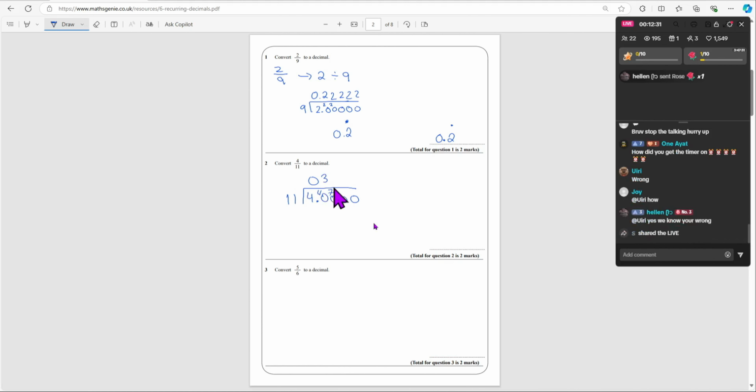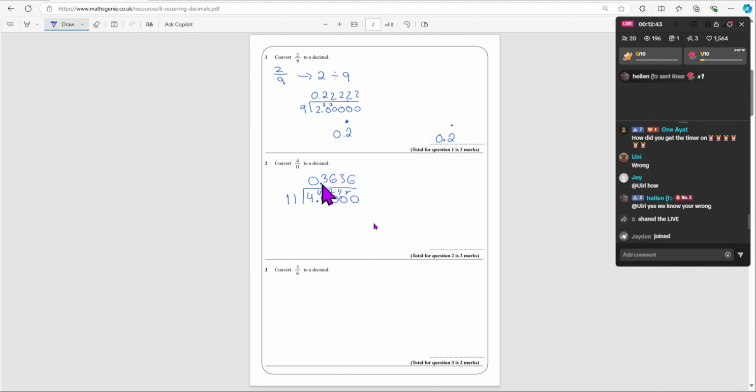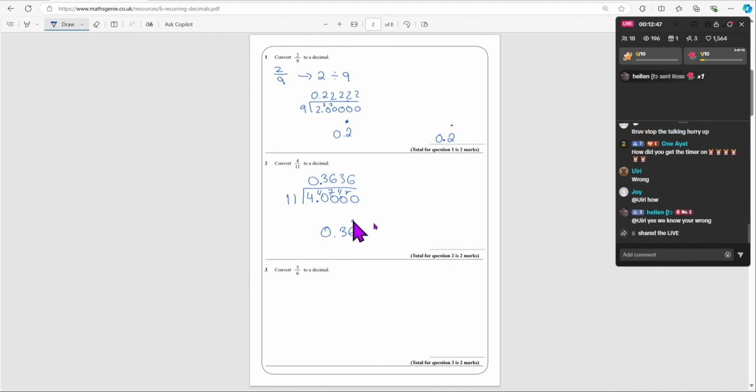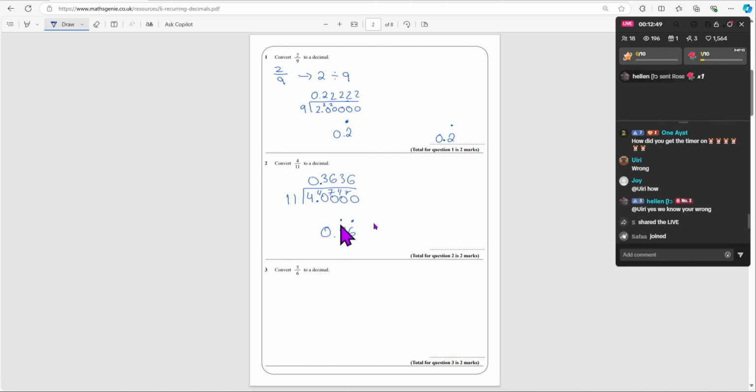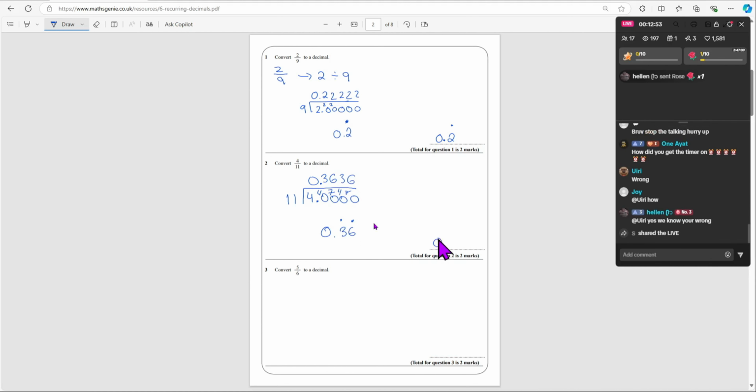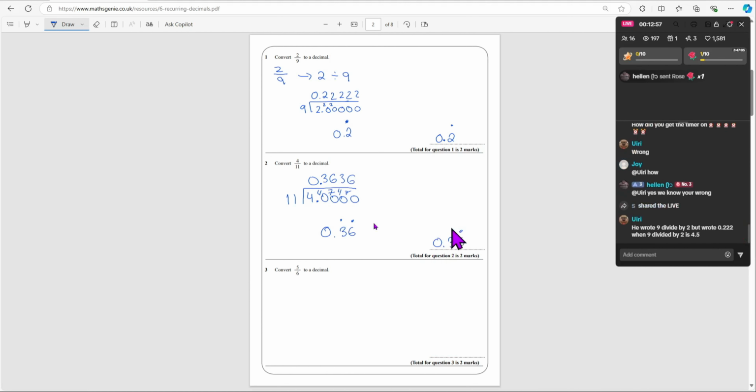And then 11 goes into 76 6 times, and then we know that remainder is going to be 4, so it's going to be 3 here, and then it keeps on continuing like that. So it keeps on recurring. So we write this as 0.36 recurring, okay? And remember to always put the dots on top of those numbers that are recurring, like that.